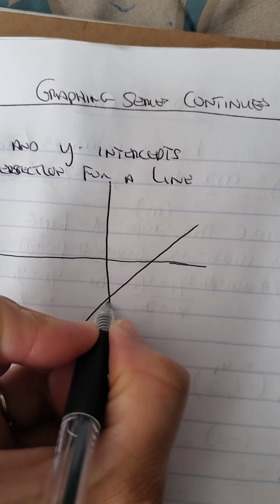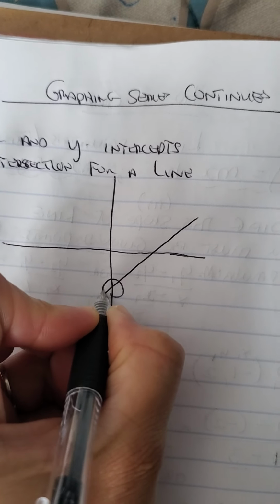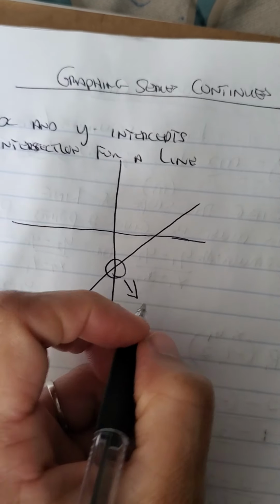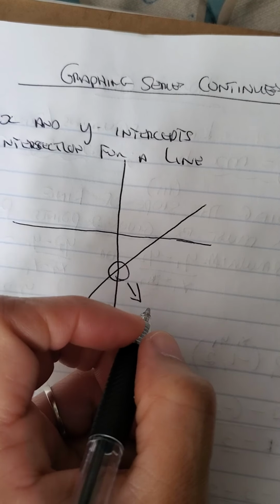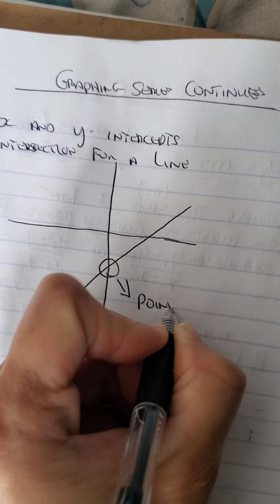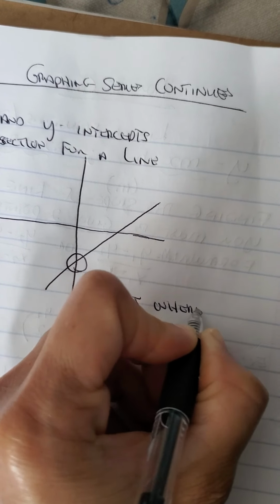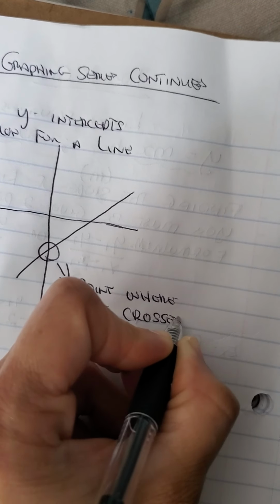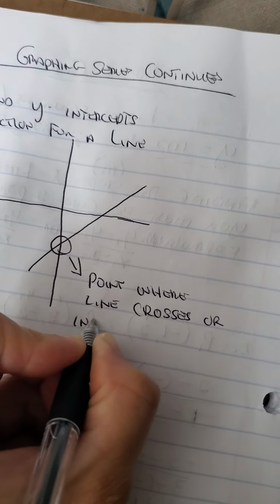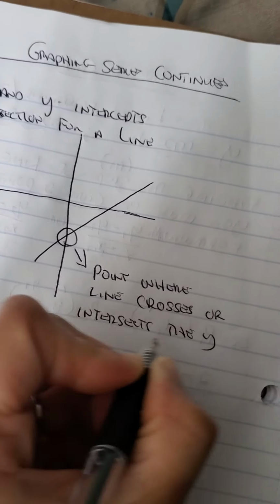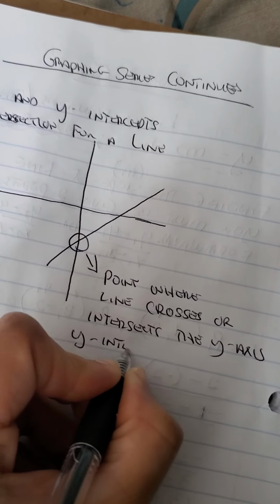And the point of intersection is basically the point where the line crosses the y-axis, which will be called the y-intercept, right? So this is the point where the line crosses or intersects the y-axis, which is called the y-intercept.